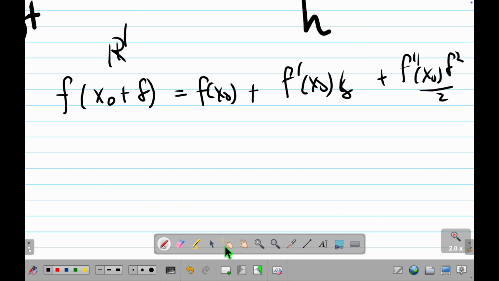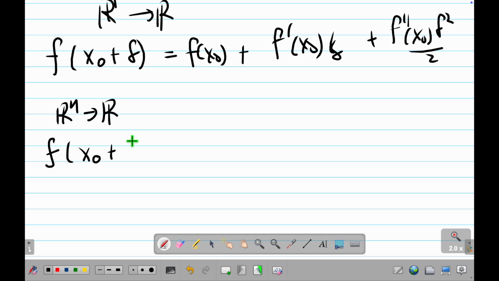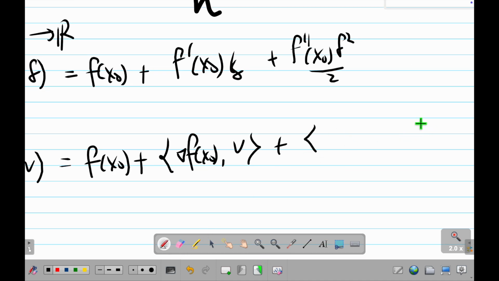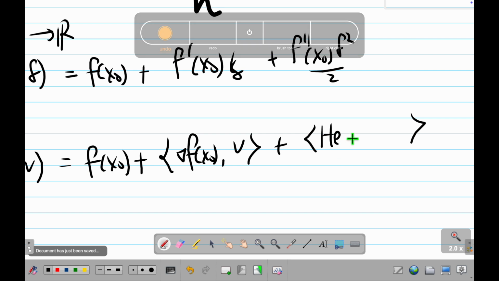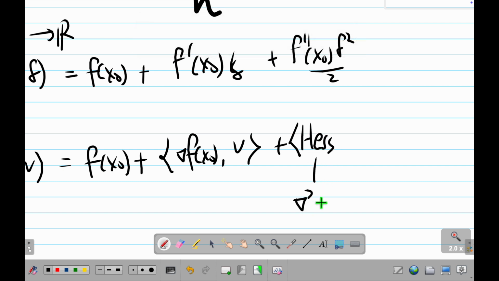Then what about the multi-dimensional version? Now f is Rn to R, instead of R to R. It will be something similar: f(x0 plus delta V) is f(x0) plus the inner product of the gradient of f at x0 and V, plus this becomes the Hessian, I write Hess, at x0.